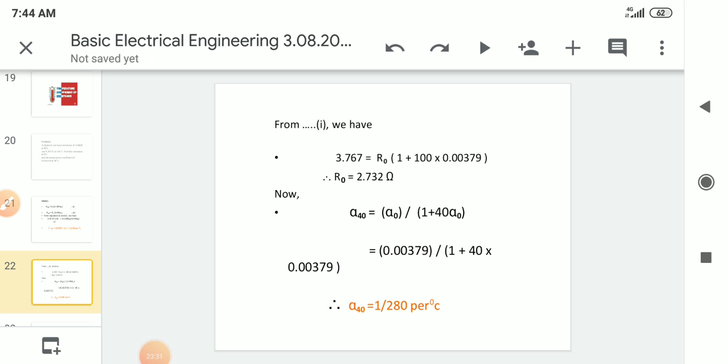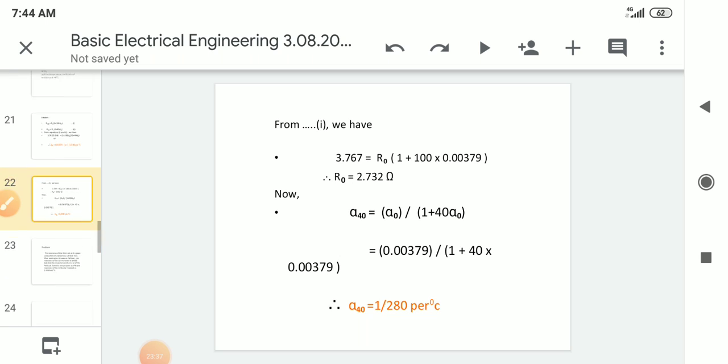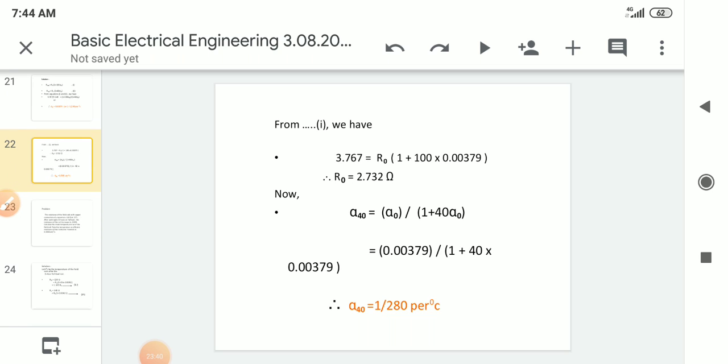Alpha at 40 degrees, we substitute the value of this. Now we are getting the equation as these values.